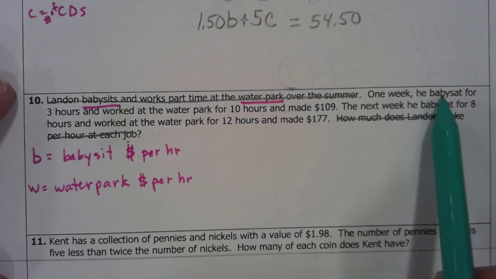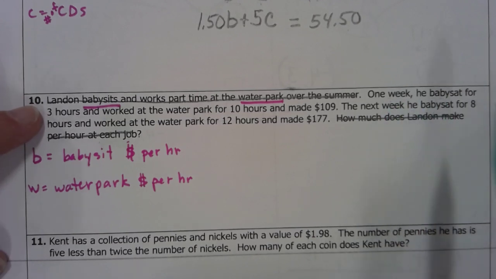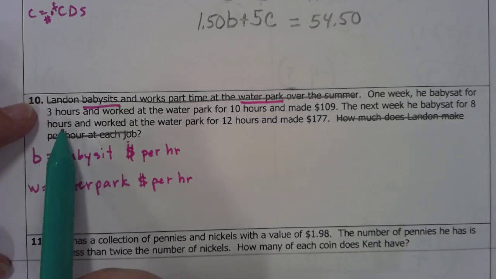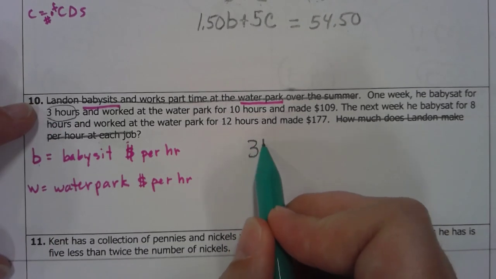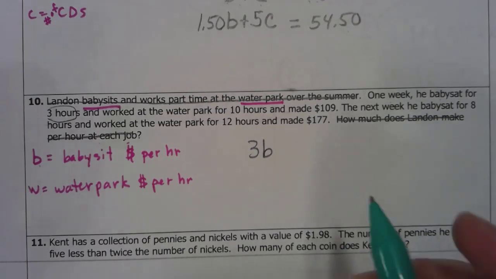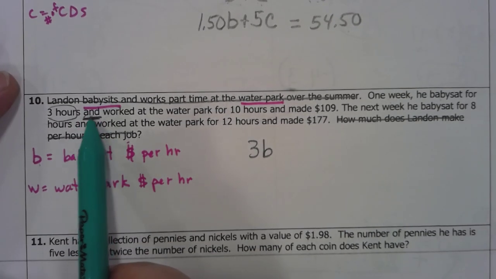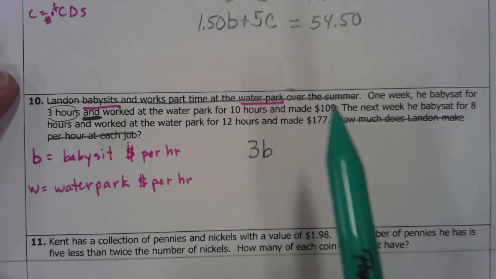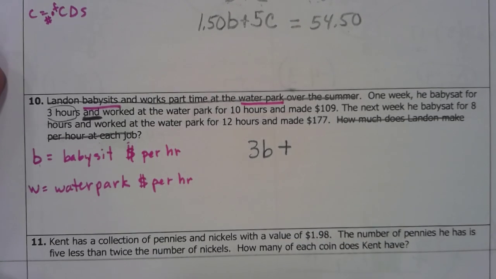One week, he babysat for 3 hours. What should I do with the B? 3 hours. 3B. However much he makes babysitting times 3. And means plus, add.